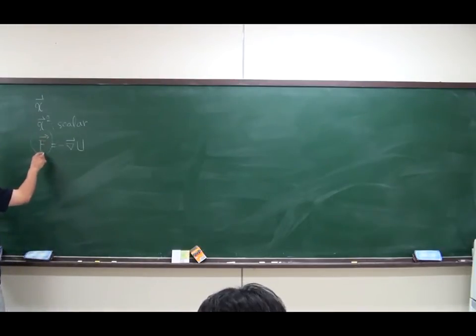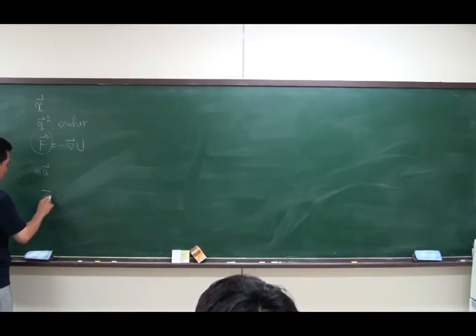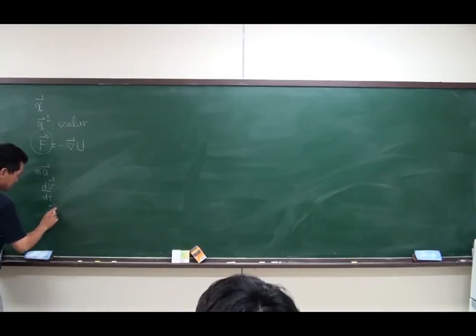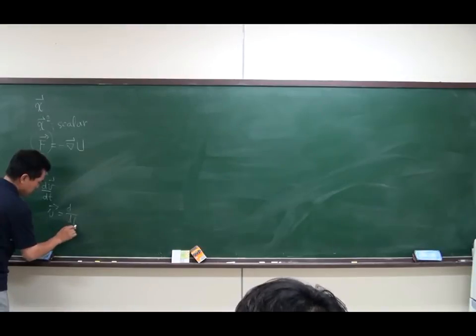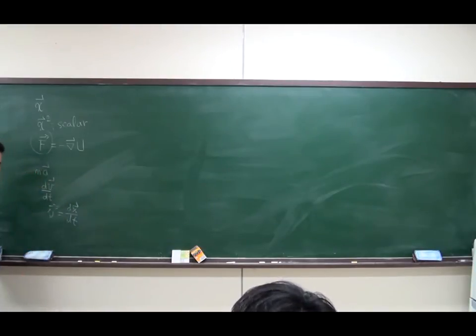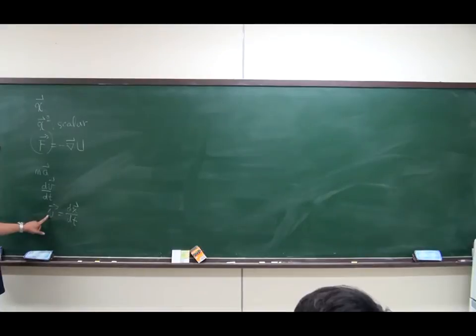We remember this is a force. Force is mass times acceleration. Acceleration is the time derivative of velocity, and velocity is the time derivative of the position vector. Okay, this is a vector, and in classical mechanics, time is a scalar, so this is a vector.